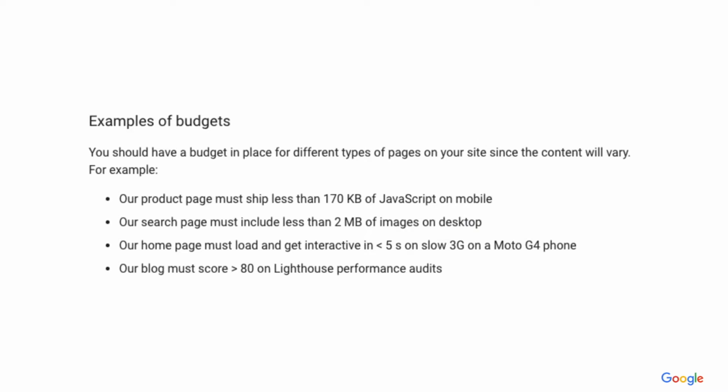Each page should include less than 2 megabytes of images on desktop. Your page should be interactive in less than 5 seconds on a given phone. Or you could even set up a performance budget based on the Lighthouse score.